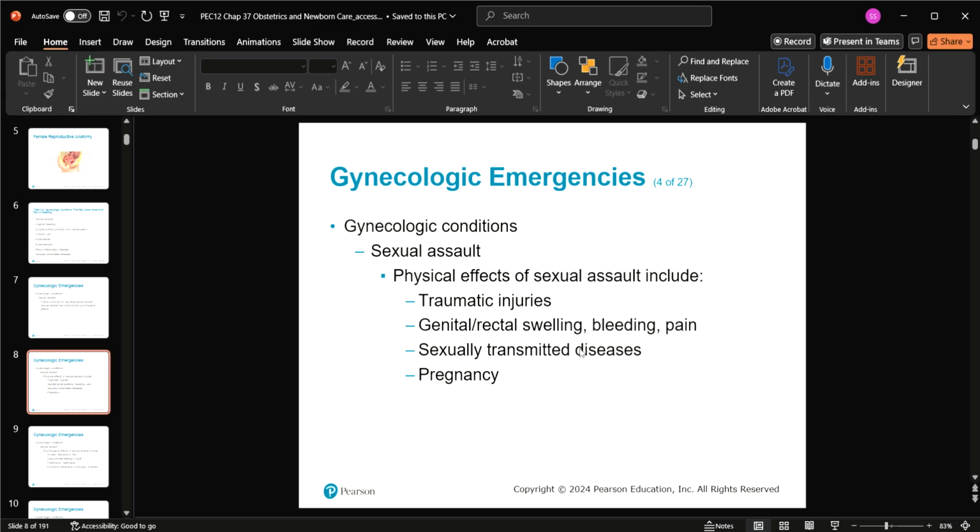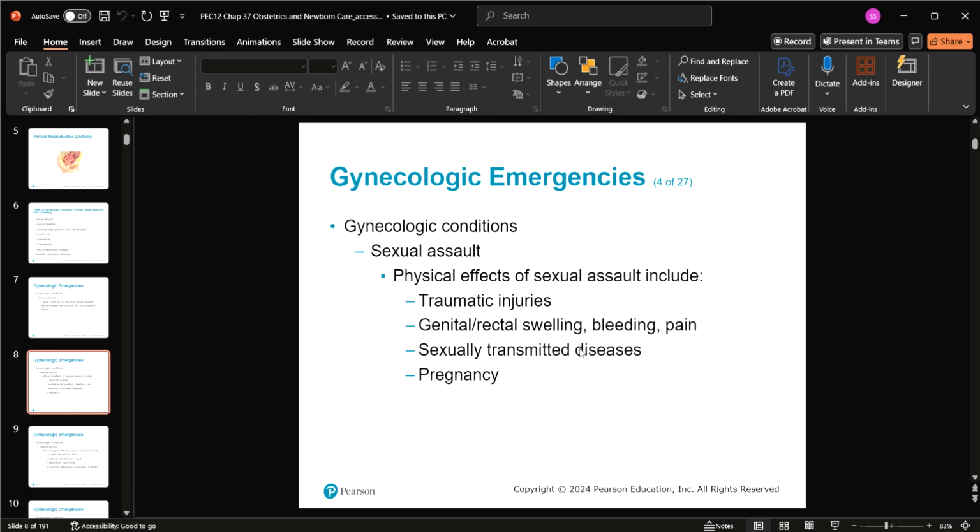These are some side effects, or the results, of a sexual assault. It could be very traumatic for the patient, not only physically but emotionally as well. They could have genital swelling, because if they were assaulted, it's against their will, so they're probably not prepared for this.